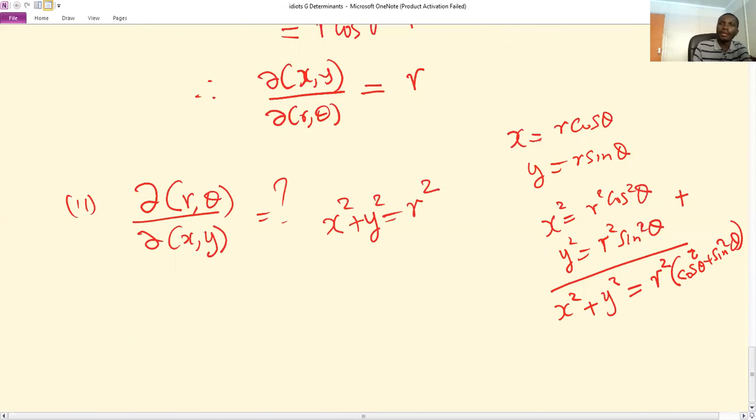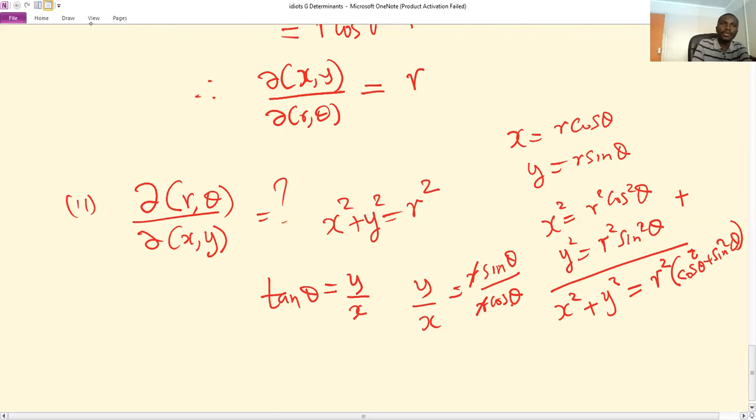Then if you divide y over x, we get r sin theta over r cos theta. The r's cancel, and sine over cos is tan. So tan theta is the same as y over x.